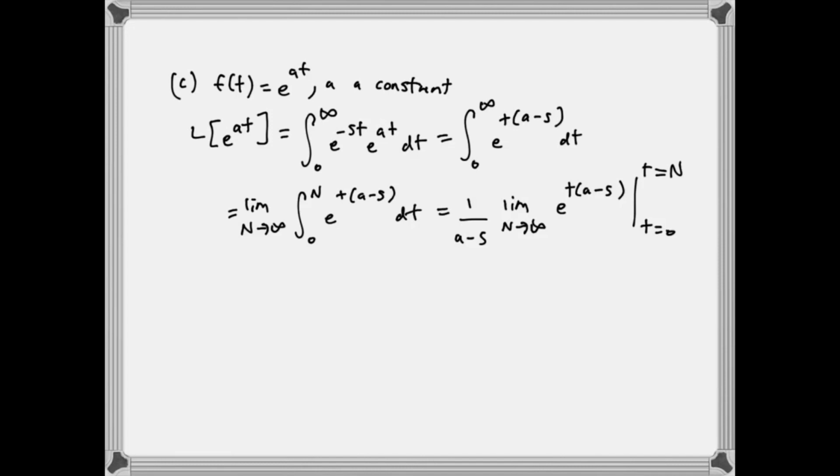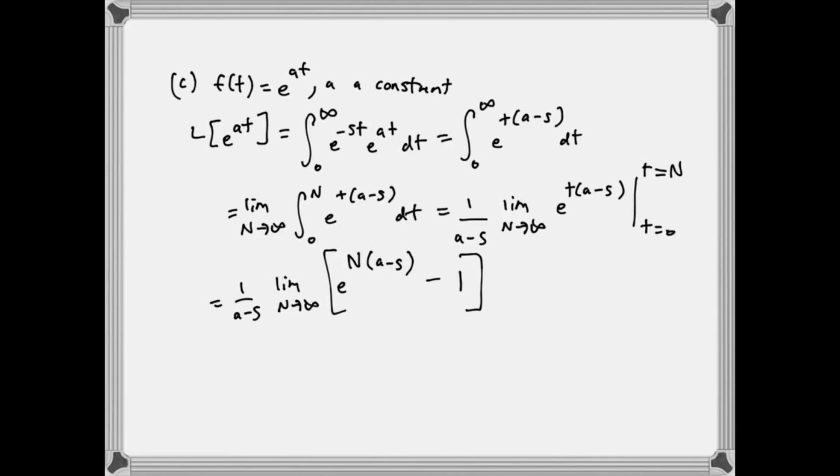If we plug in t equals n, we end up with 1 over a minus s times e to the n times a minus s, minus, and if we plug in 0, it's just 1. So what would this limit go to?